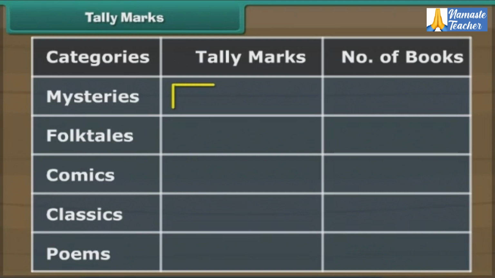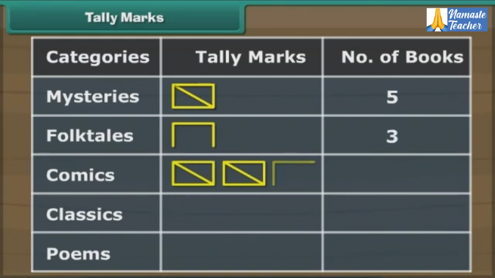Draw a horizontal line for the next book in the same category. Draw a vertical line for the third book in the category. Draw a horizontal line for the fourth book in the category and complete the rectangle. Represent the 5th mystery book with a line drawn between 2 opposite ends of the rectangle. We repeat the exercise for other categories of books.